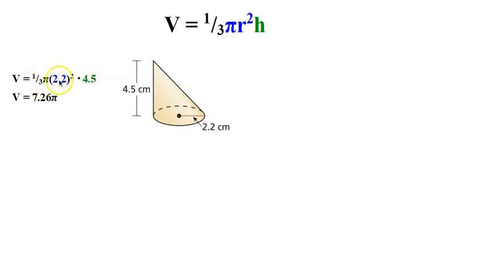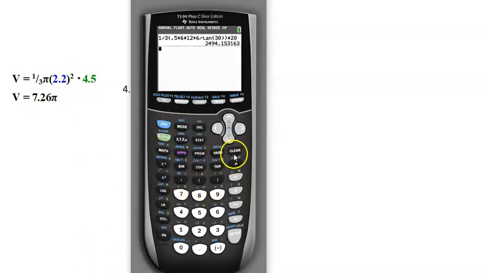Now, first things first, it's usually best if you plug the numbers in not with the pi. So, for example, once you answer in terms of pi, you'd have 1/3 times 2.2 times 4.5, and this gives your answer. Oh, I forgot to square it, didn't I? Don't forget to square your radius.